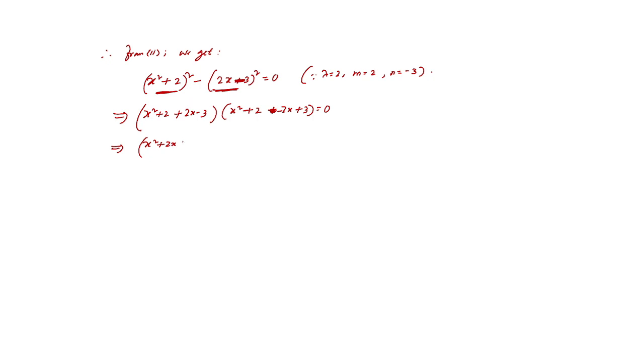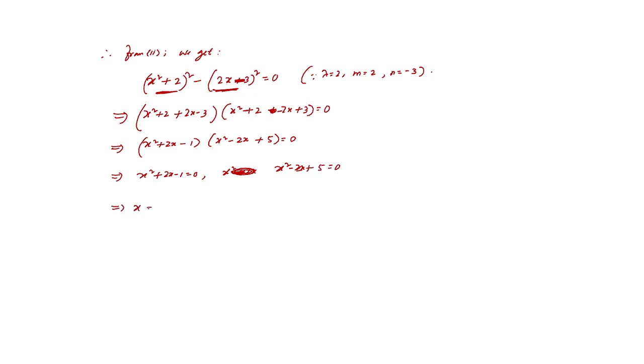So x square plus 2x minus 1 multiplied by x square minus 2x plus 5 equals to 0. Okay, so that means x square plus 2x minus 1 equals to 0 and x square minus 2x plus 5 equals to 0.